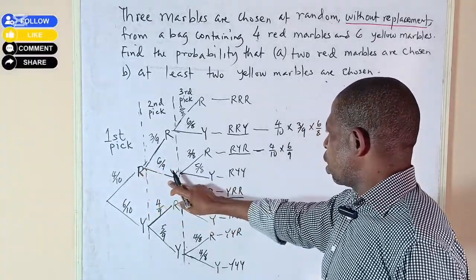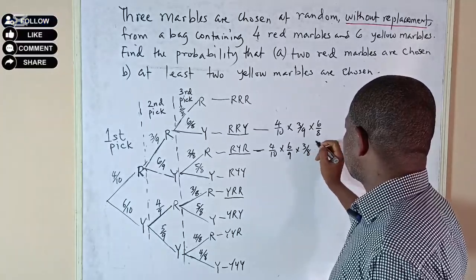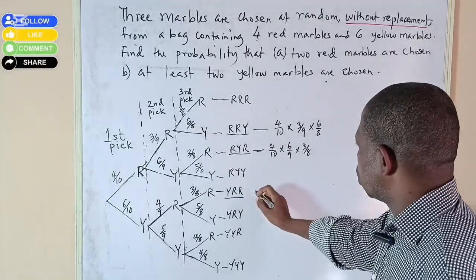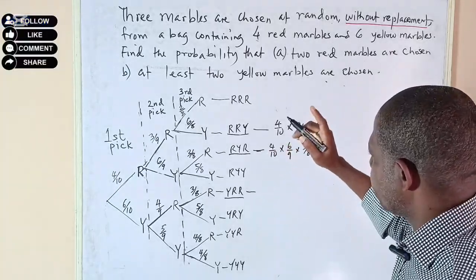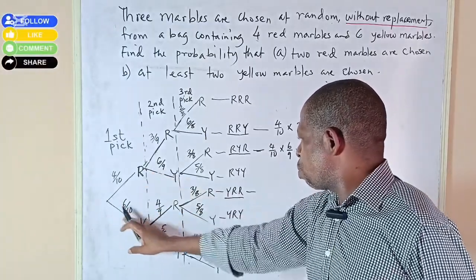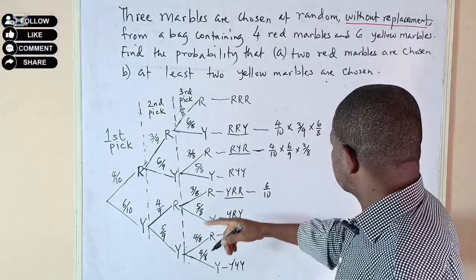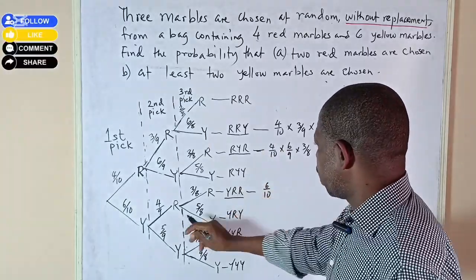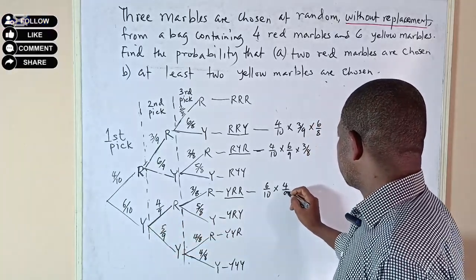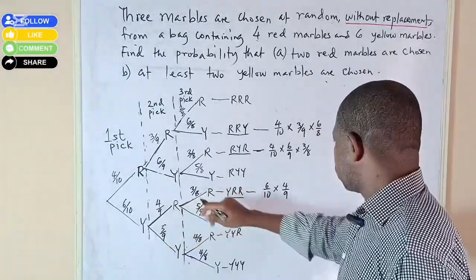Red, yellow, and then red again, 3/8. And then the third case involving two red marbles, we have first is yellow, 6/10. Second is red, 4/9. And then third is red, 3/8.